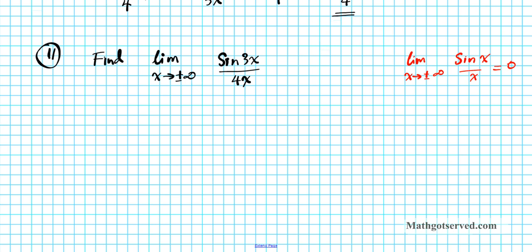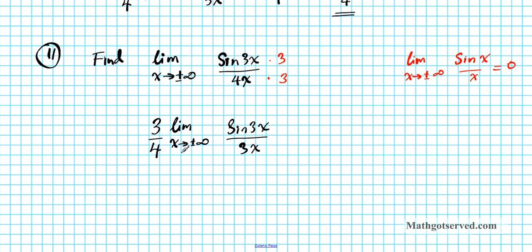Okay, so to show you why that's the case, I can multiply this by the same 3 and 3 so that the argument of the sine and the denominator will be the same. So we're going to have 3 times the limit as x approaches plus or minus infinity of sine 3x over 3x. Now this 4 we can put over here.